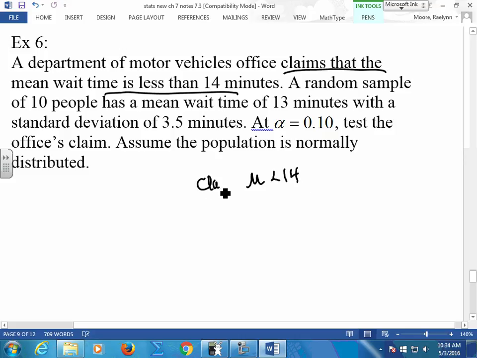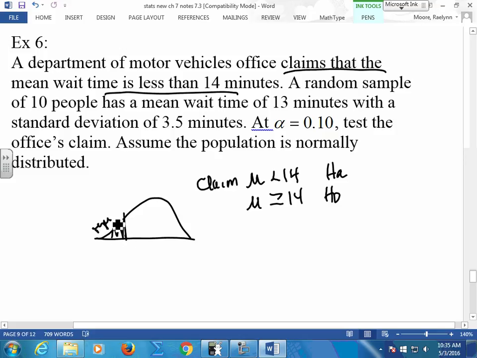Whatever they claim, you write that down, and then you decide, is this the H0 or the HA? HA. So what's the H0? Good. What tail test do I have? A left again. So this is reject H0. This is fail to reject H0.